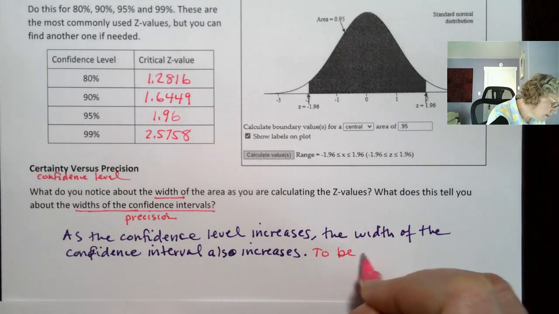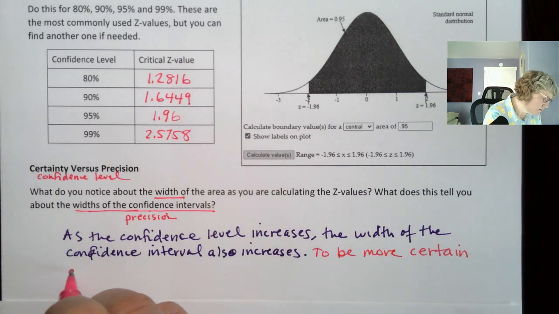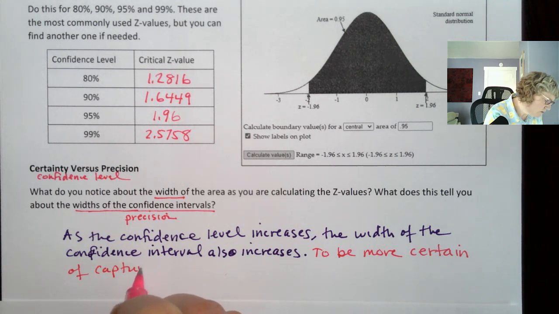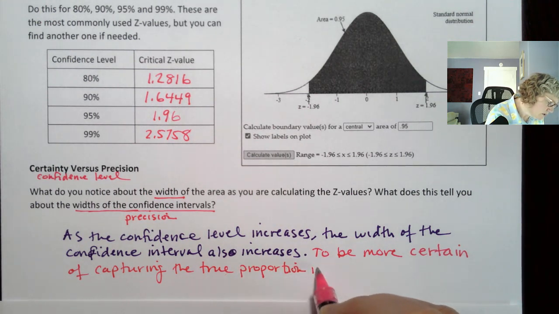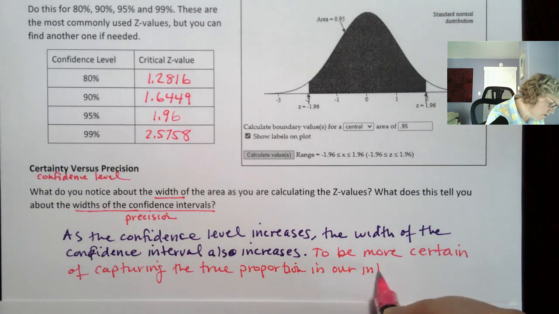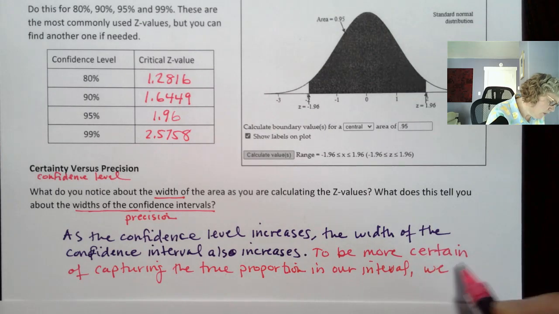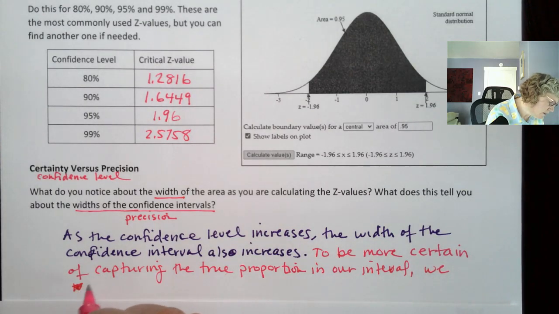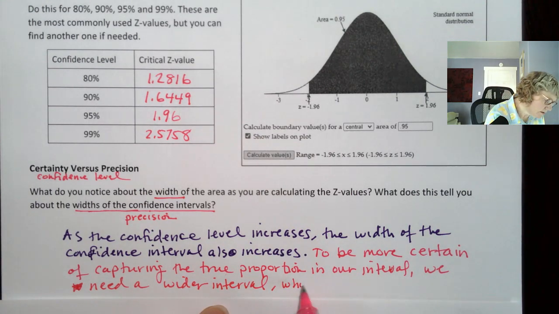To be more certain of capturing the true proportion in our interval, we need a wider net. We need a wider interval, which is less precise.